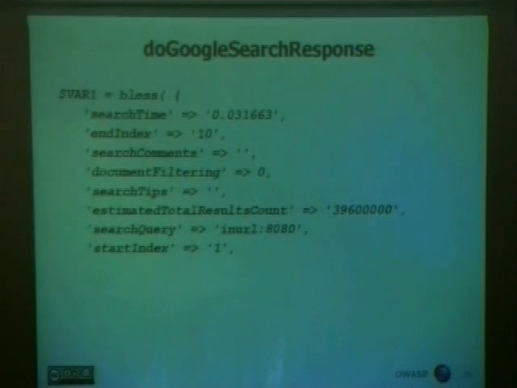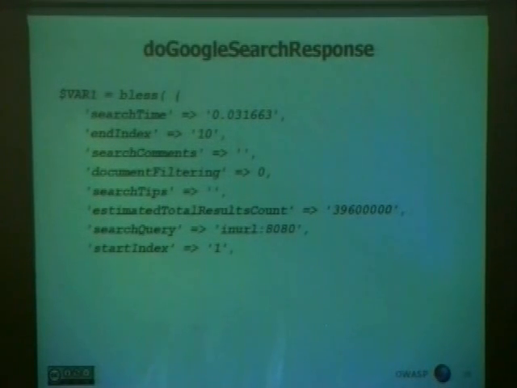We get the search time, which is the time that Google actually spent to generate the results. We get the end index, which is the last result that we've returned. Now, if you flick back over to the SOAP message that we sent, that's actually 9. In the end index, it actually adds the +1.